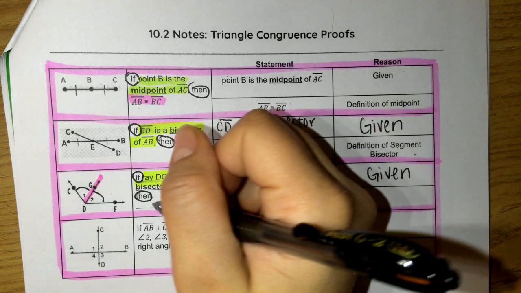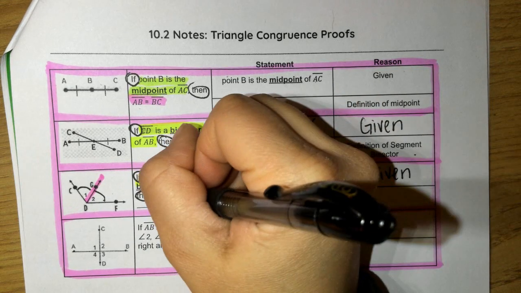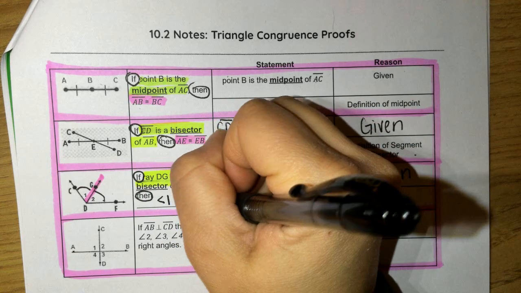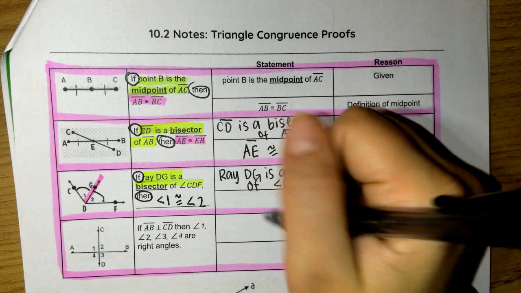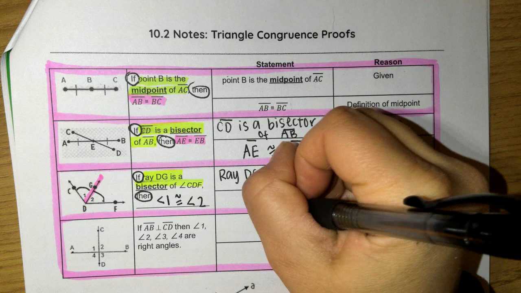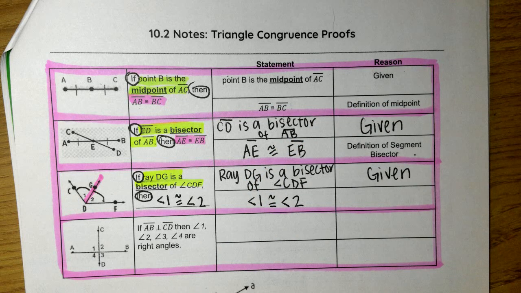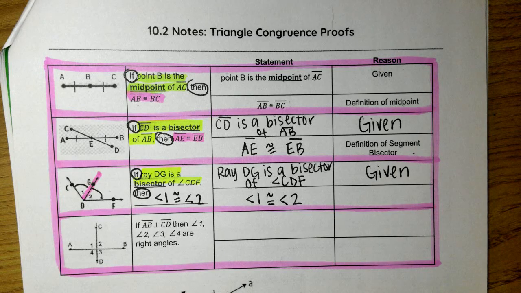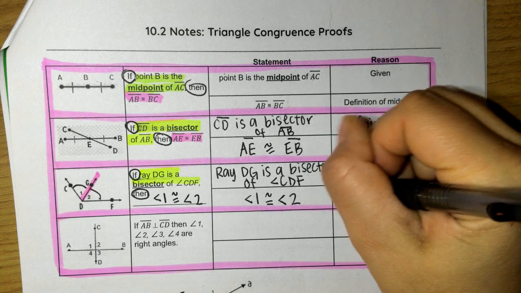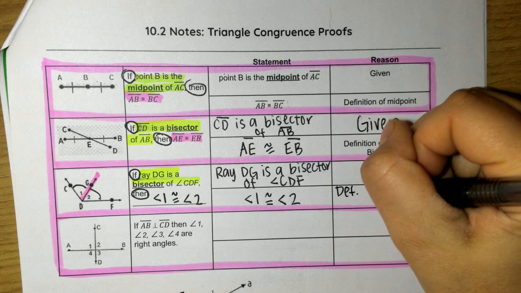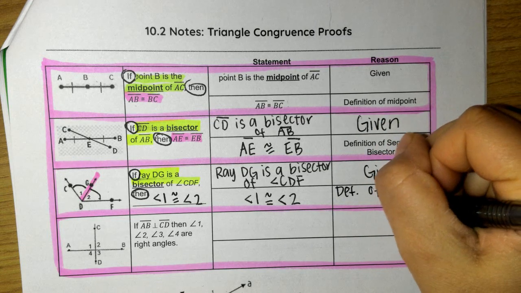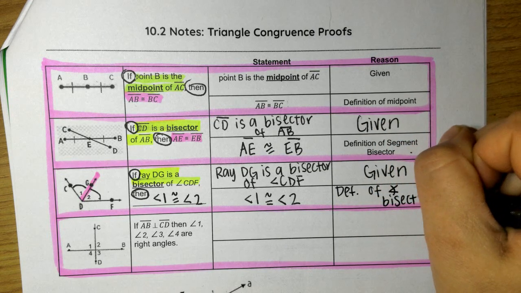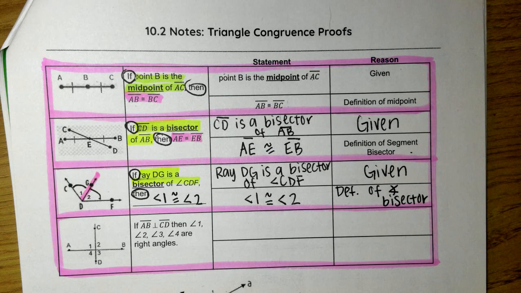So we're going to write, then angle 1 is congruent to angle 2. Rewrite that down in this box. Why is this occurring? We're going to say because of the definition of an angle bisector. Definition of angle bisector. And I'm going to abbreviate here just because we are writing a lot.